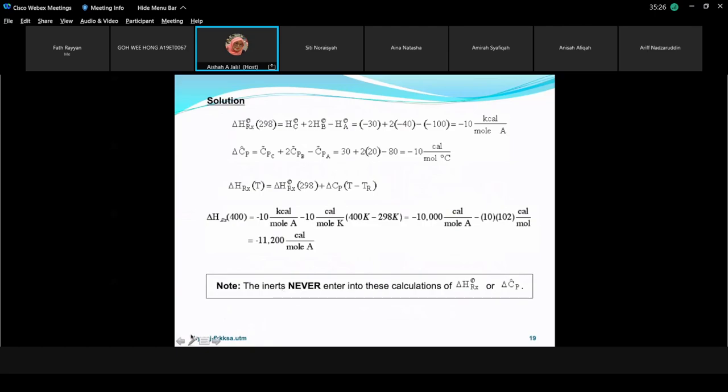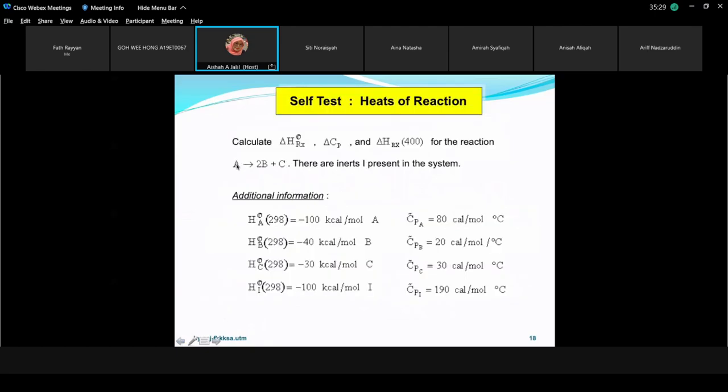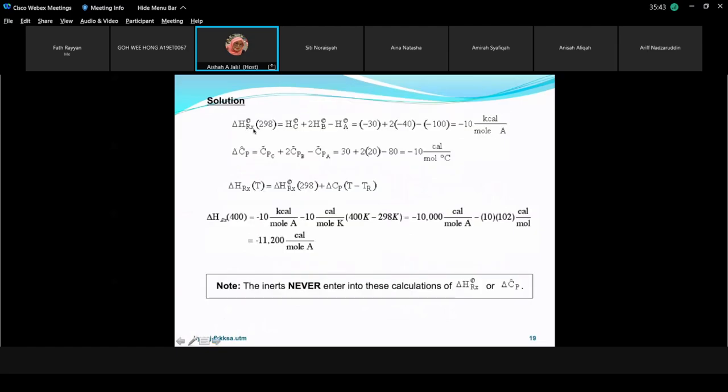So you remember this is the reaction A going to products 2B plus C. The stoichiometry for A is 1, B is 2, C is 1. So how to get the delta HRX at standard heat: C is 1 and B is 2, and then the reactant is minus 1.